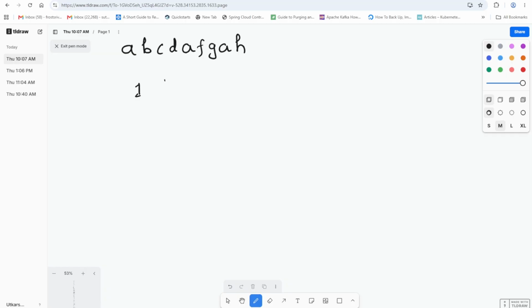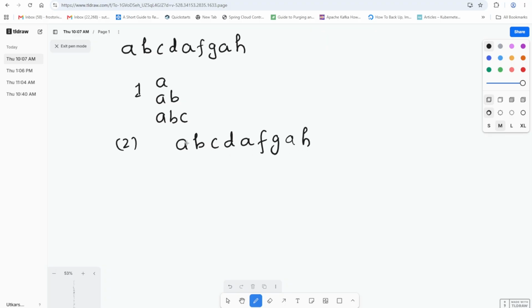In the first step we can print A, in the second step we can print A, B, and in the third step we can print A, B, C, like this. Or in the second approach, it told us that we can print the same character multiple times. So using that approach, we will find the next matching character. Suppose here in our example we have A, B, C, D, A, F, G, A, H.